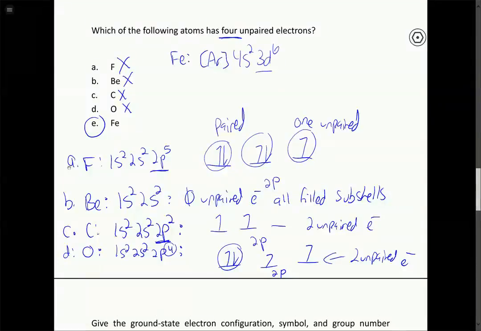Here the partially filled subshell is 3d, and in the 3d subshell l equals 2, so 2l plus 1 is going to be 5. There are 5 d orbitals. So there are 5 3d orbitals that we have to fill, and follow Hund's rule in doing that.